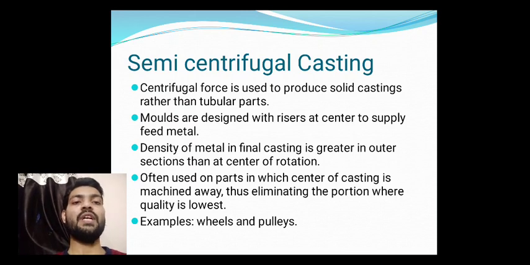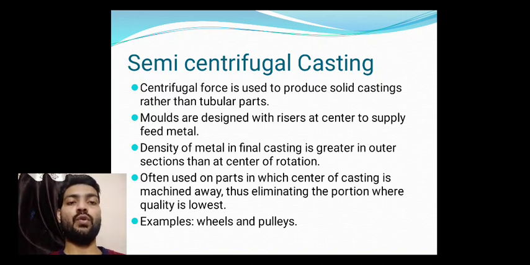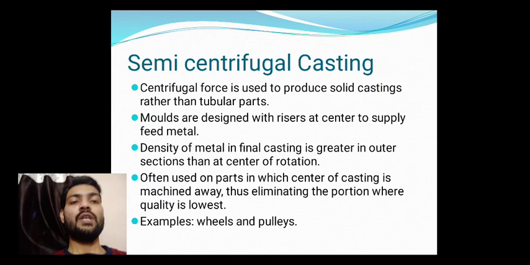Semi-centrifugal casting. Centrifugal force is used to produce solid castings rather than tubular parts. In semi-centrifugal casting, we have to use a core for making a hollow cavity, and the axis of casting coincides with the axis of rotation. Molds are designed with a riser at the center to supply feed metal.